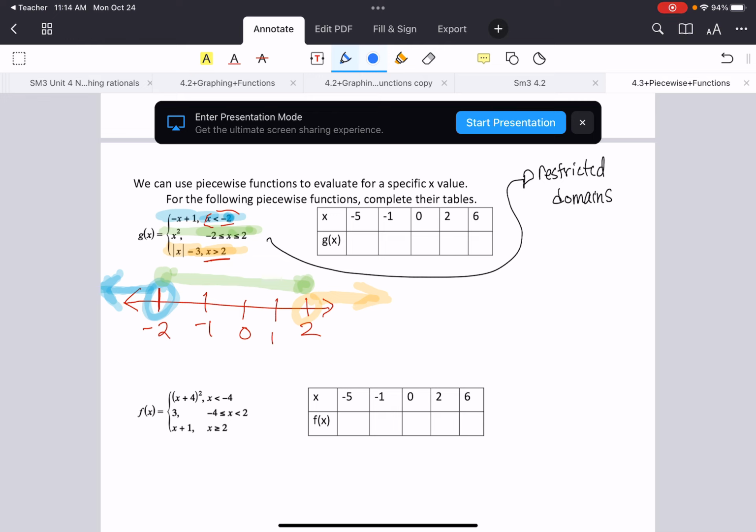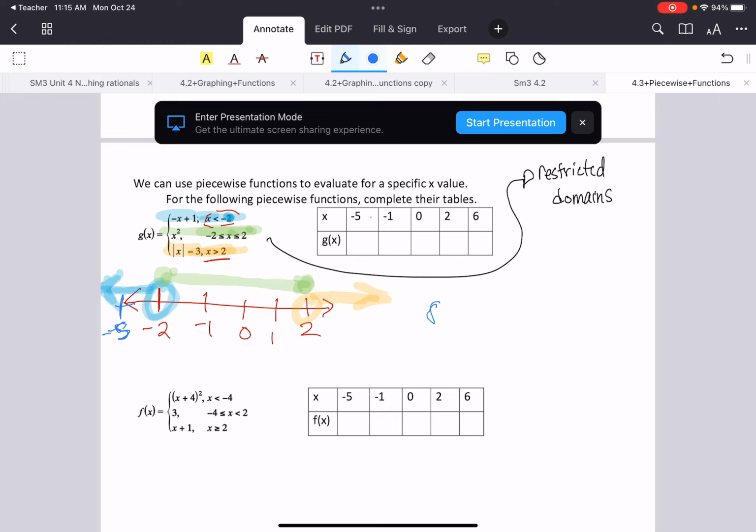To the left. So it's over here. Here's a -5. So that means it's going to go with the blue, right? Do we see what I'm doing? Okay. So the -5 is going to go into this blue equation.